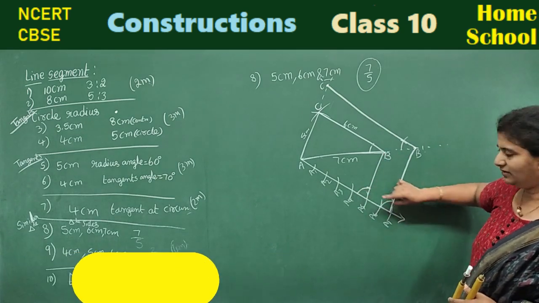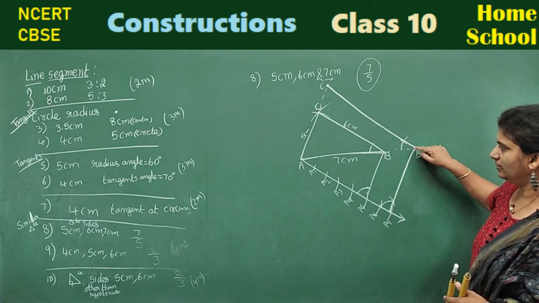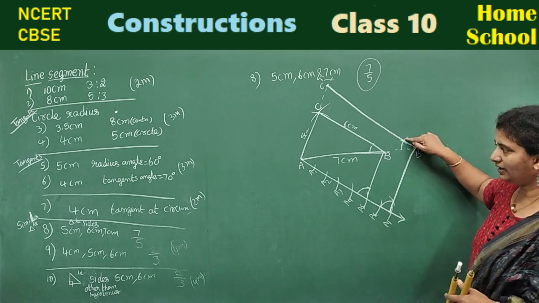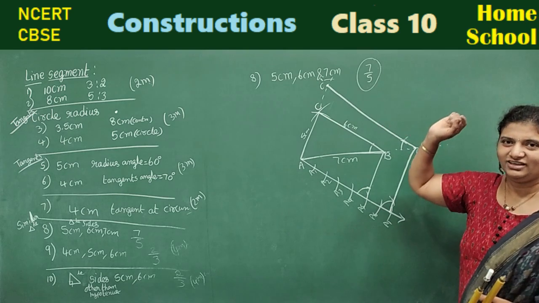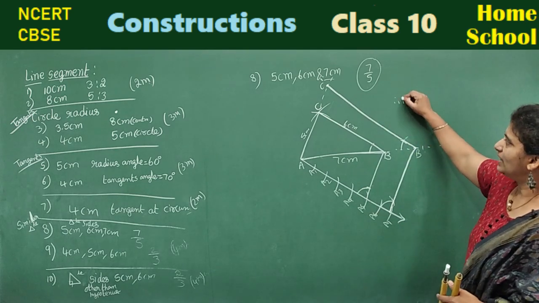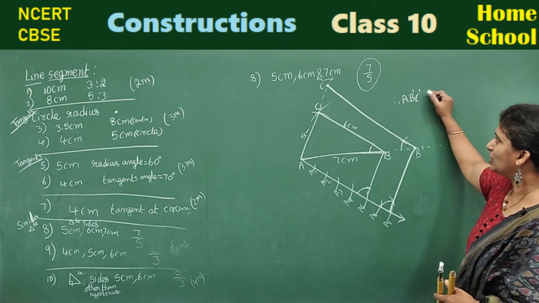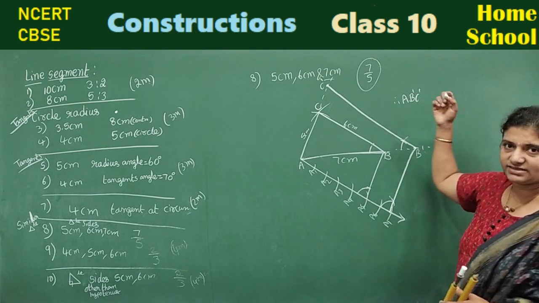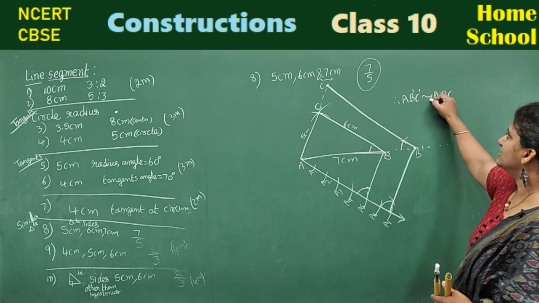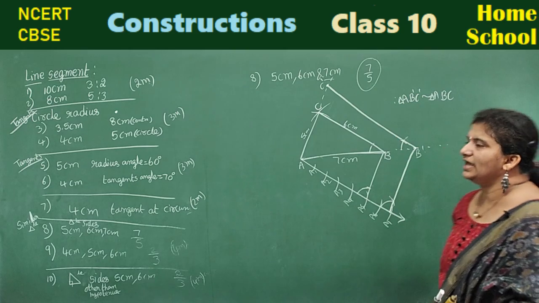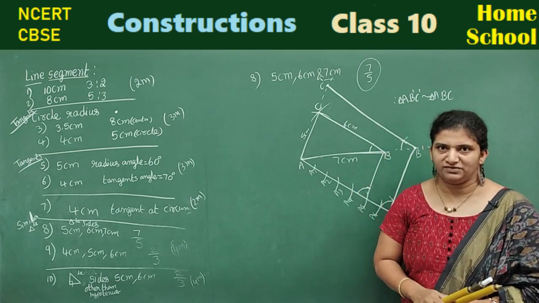And do the arc, measure, cut, join. Therefore, AB dash C dash is the required triangle, a similar triangle for ABC. Okay, write neatly with all the steps carefully.